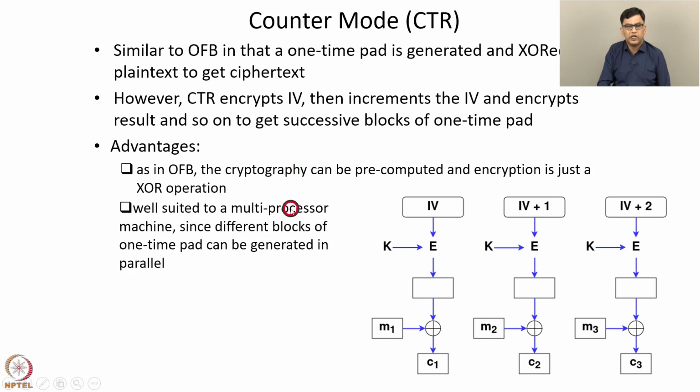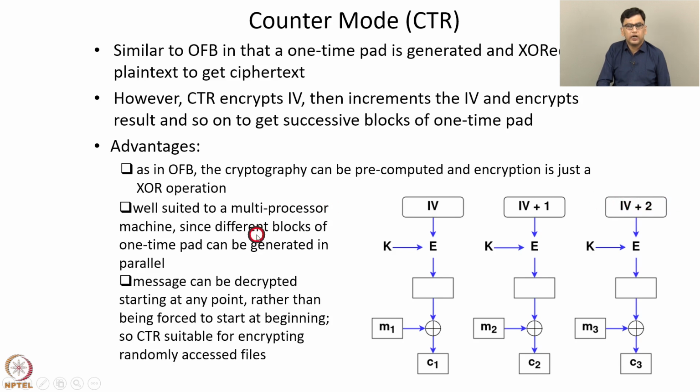It is well suited to a multiprocessor machine because different blocks of the one-time pad can be generated in parallel on a multiprocessor or multi-core machine. Another advantage is that the message can be decrypted starting at any point rather than being forced to start at the beginning.